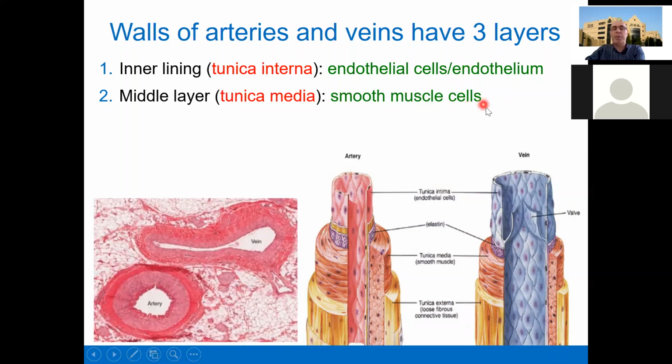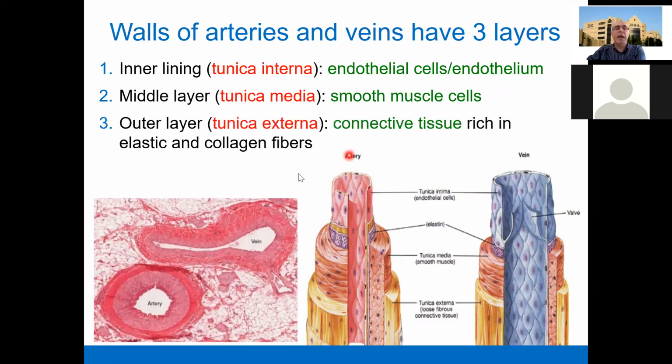This is really important because the constriction of the vessels is done by smooth muscle cells. And we have the outer layer, which is tunica externa, or connective tissue, rich in elastic and collagen fibers.